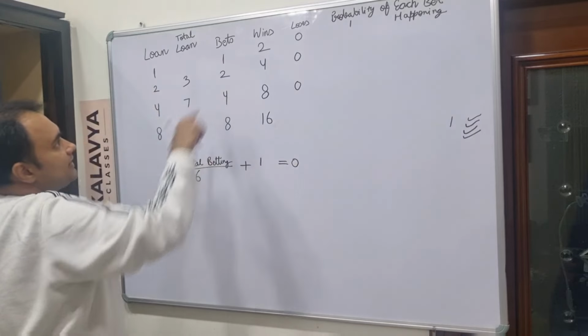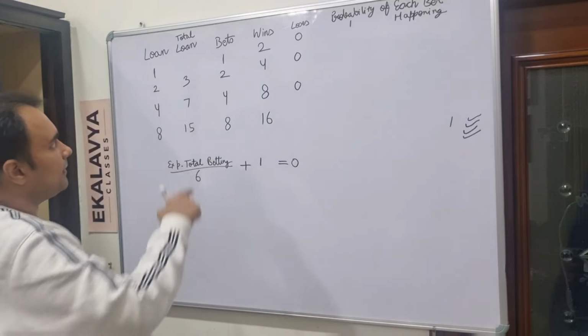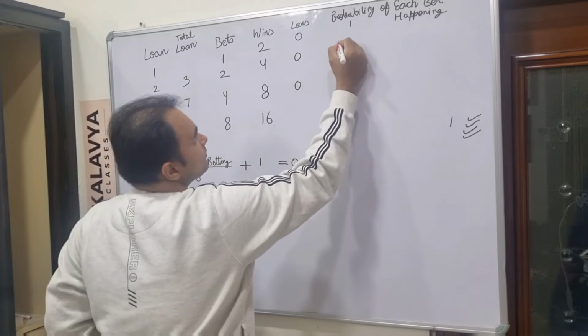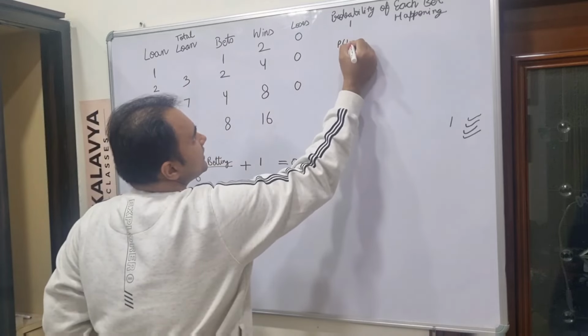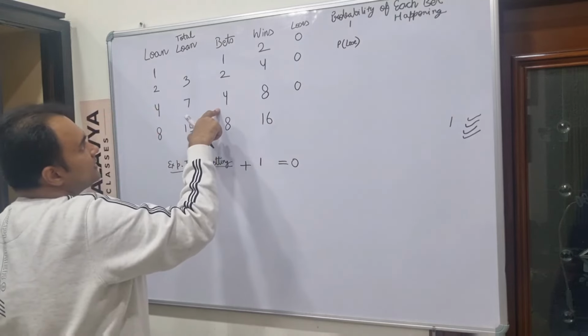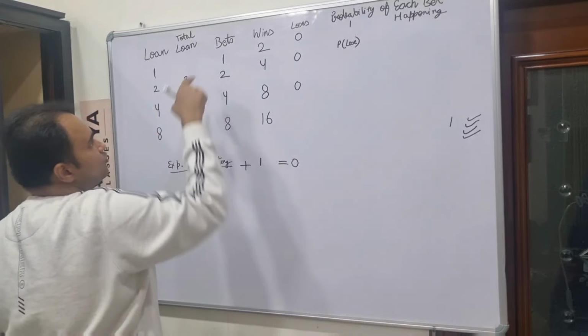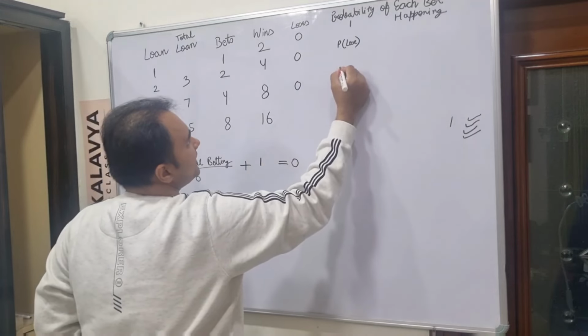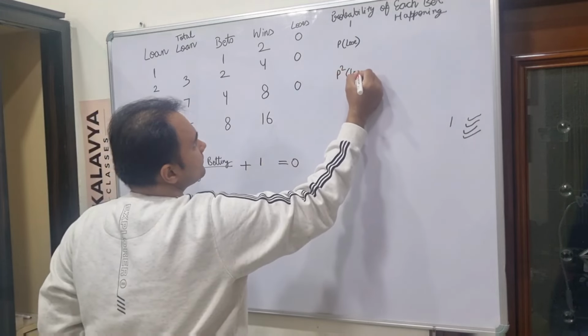The second bet will happen if the player has lost in the previous bet, so its probability will be the probability of losing. The third bet will happen if the player has lost in previous 2 bets, so its probability will be probability of losing squared.